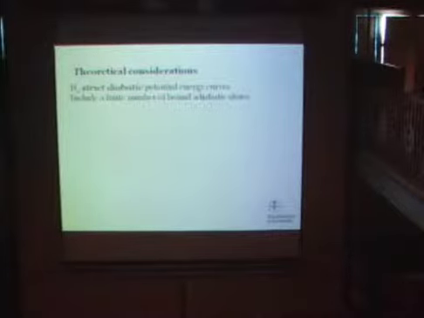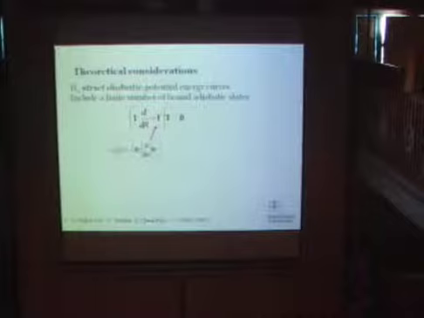You calculate the non-adiabatic couplings among these, and you form diabatic states where the non-adiabatic couplings are 0. You do that by solving this equation here, where this matrix is the non-adiabatic coupling, and T is a transformation matrix between the adiabatic and diabatic states.